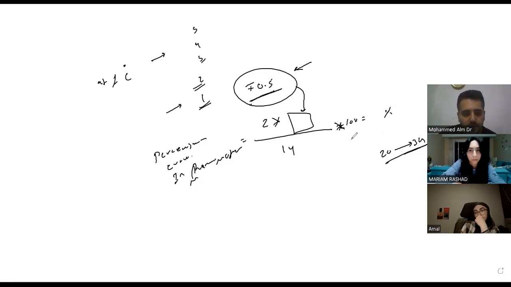So what will be the percentage error? It will be 7.14.